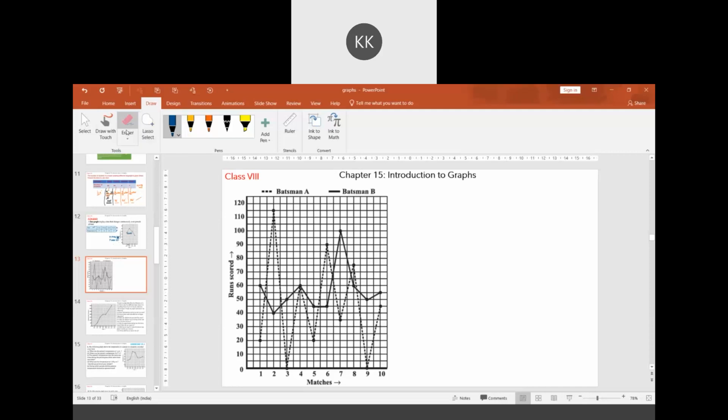Can we make a table from this given graph? Here, let me mention the matches. This is for batsman A, batsman B. For the first match, batsman A's score is 20 runs.